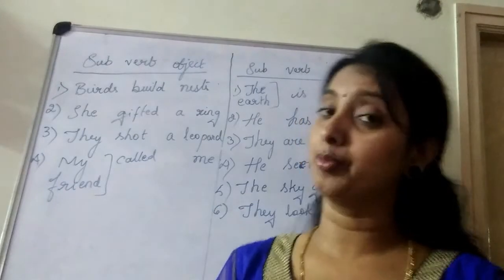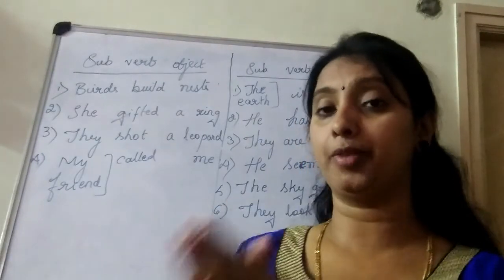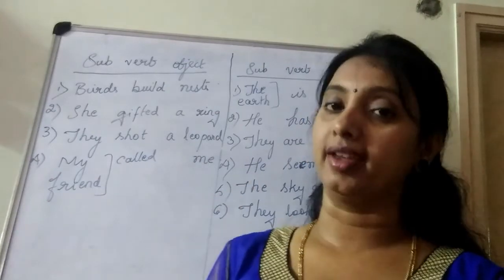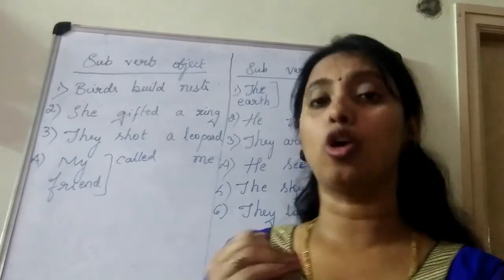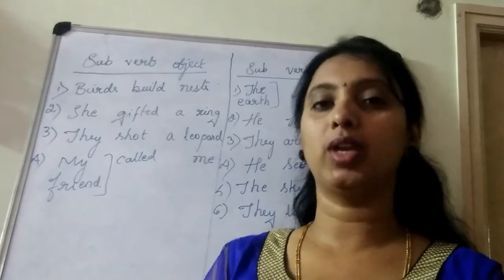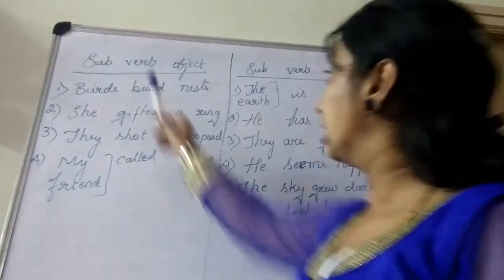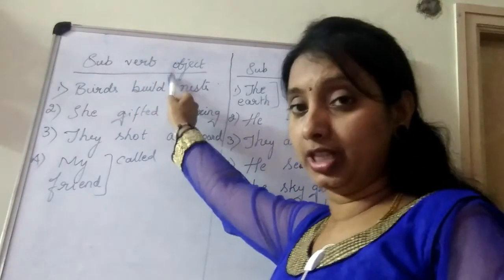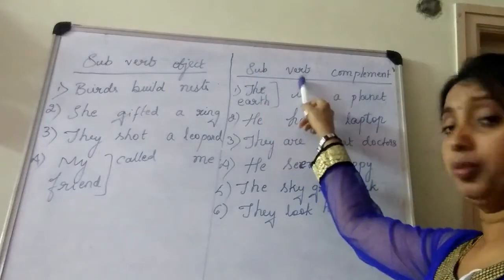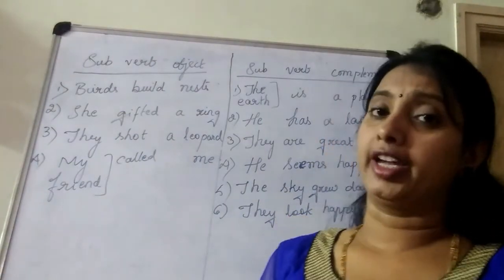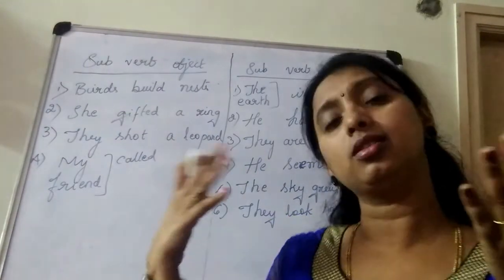I have written some more sentences to find out subject and predicate. But in some sentences, we get subject, verb, object. In some sentences, we get subject, verb and complement. Subject, verb, object. Subject, verb, complement. But many people get confused to find out which is an object and which is a complement.